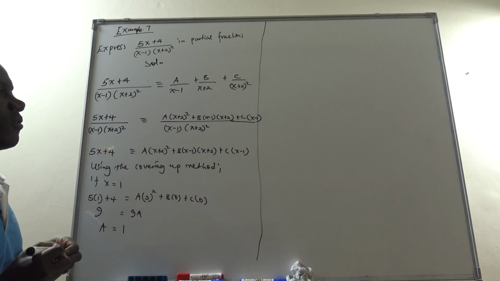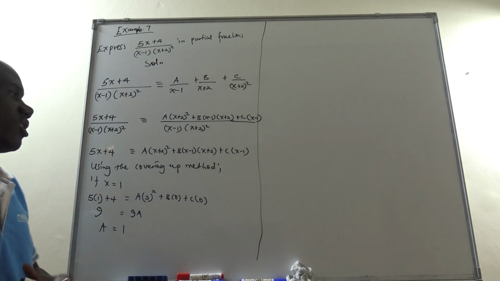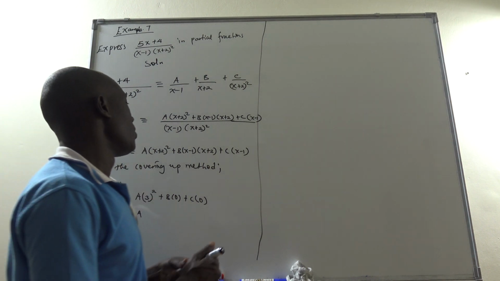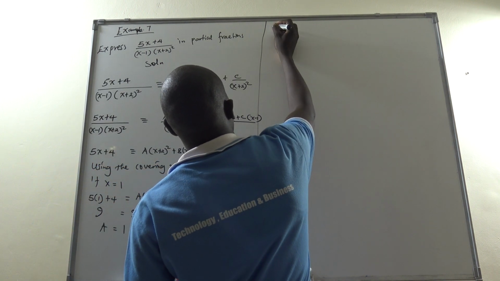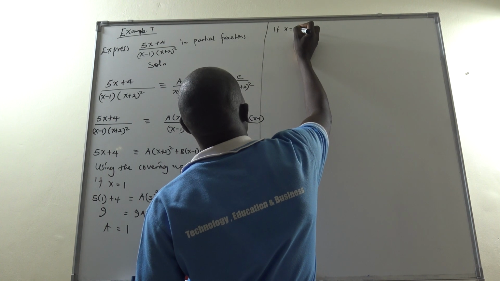After coming out with the value of A, still we are using the covering up method to eliminate where possible. So we are going to say if x equals negative 2.